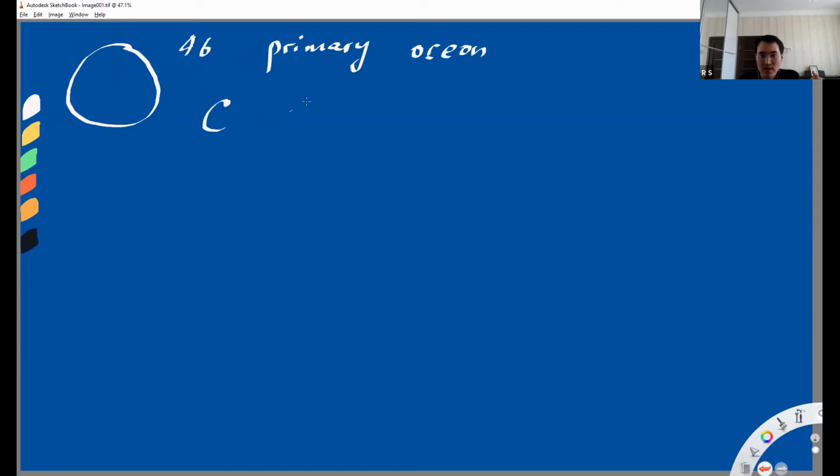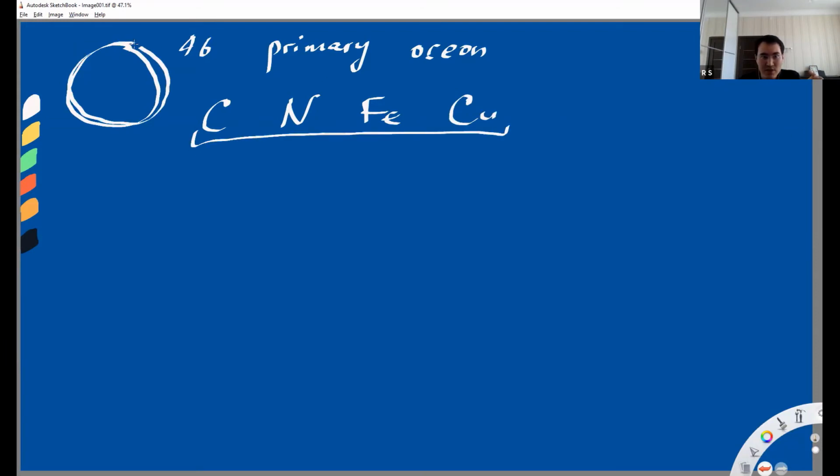So there were C and ferrum, cuprum, etc. And since we didn't have the proper atmosphere to protect us from UV, not us, but the Earth, this UV and also all these gamma, beta rays, they were bombarding all these molecules.